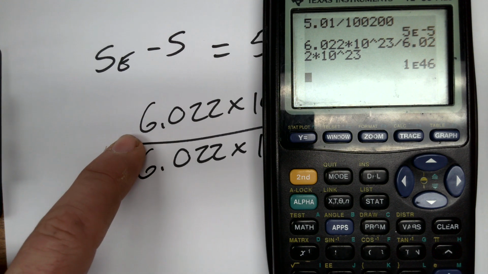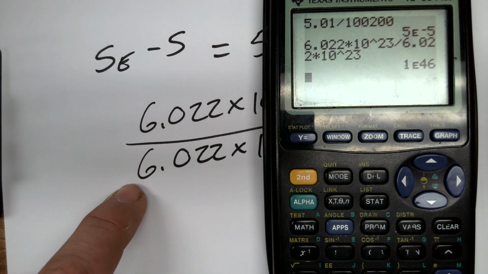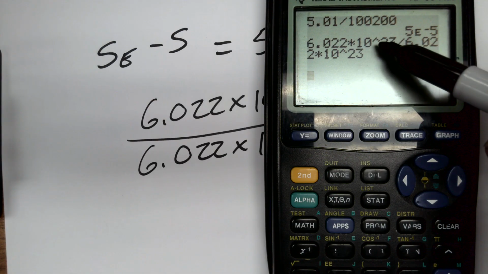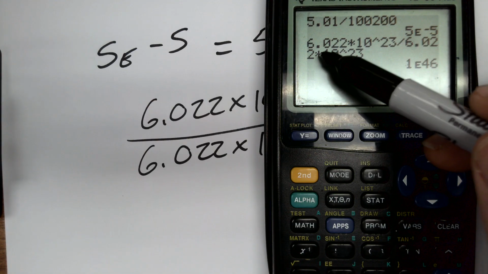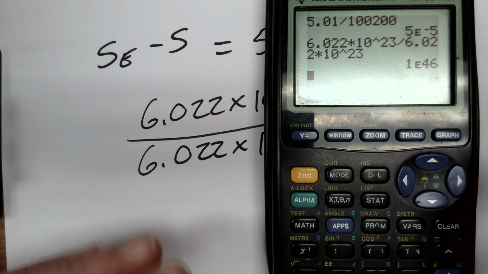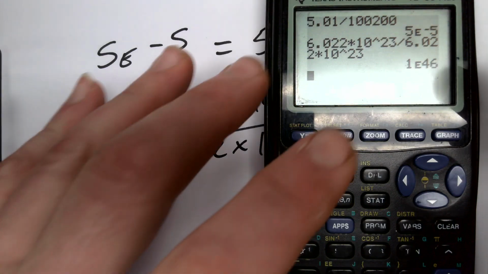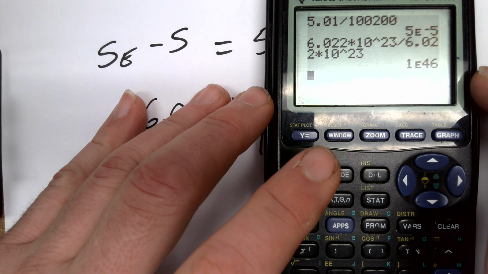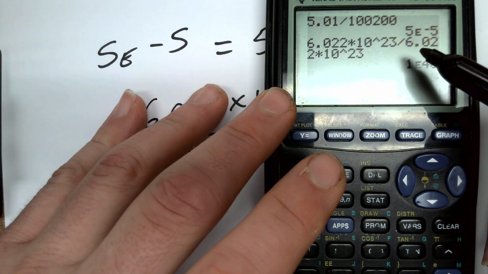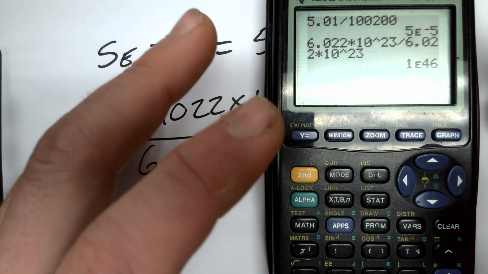I know it as one number divided by itself. My calculator does not see that. My calculator sees 1 function, 2 function, 3 function, 4 function, 5 different functions happening at the same time. What can I do in my calculator to let it know that 6.022 times 10 to the 23 is one thing?